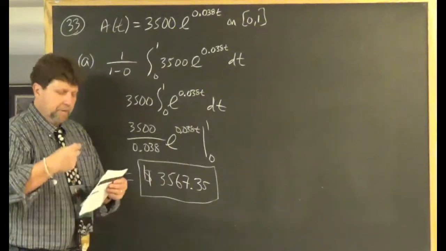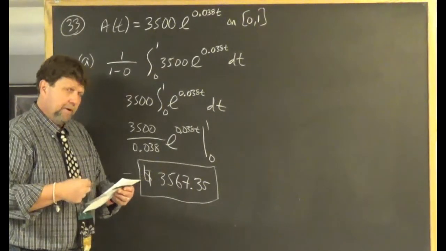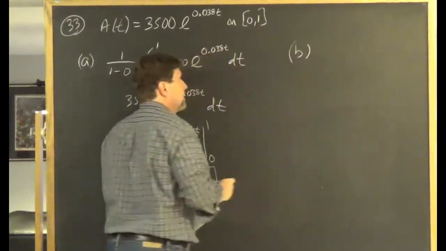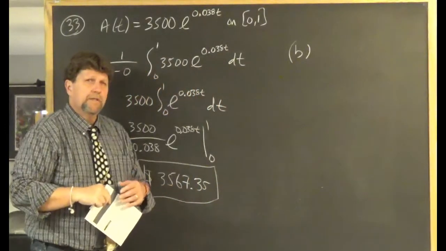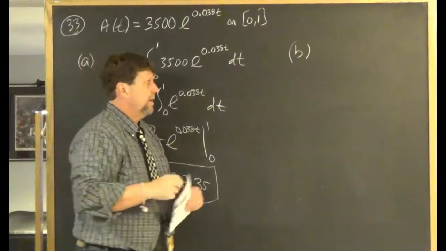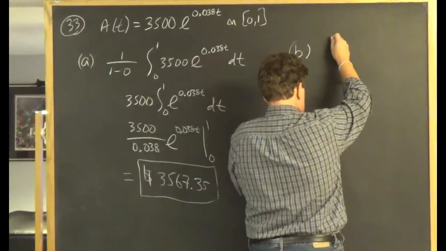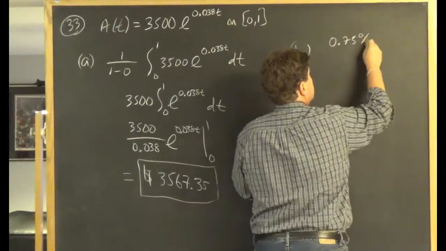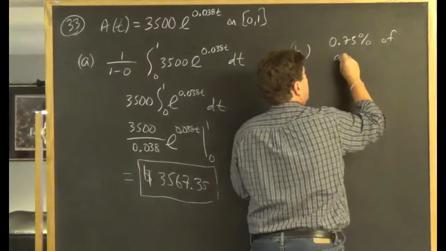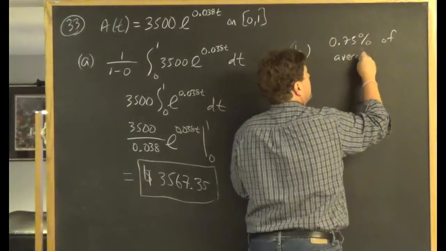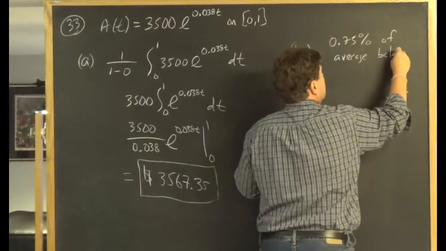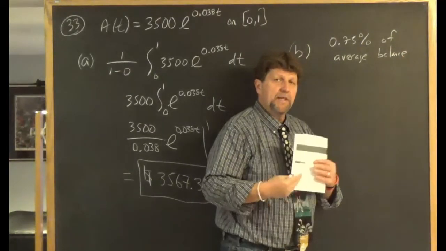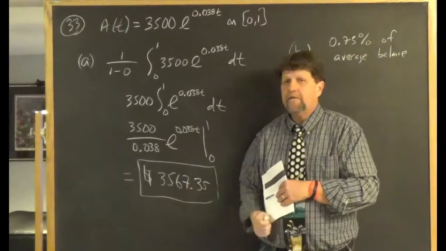So then in part B, if I remember correctly, part B says that at the end of the year, you earn a bonus. You get like a bonus check where the bonus is 0.75% of the average balance. Well, folks, this is just simple multiplication. You do 0.75% of the average balance.